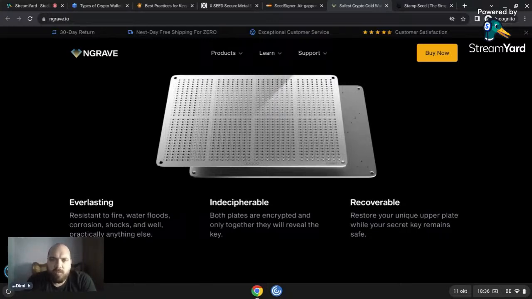For example, you can see the different holes there. This is now an 8-word long seed phrase that is being used. And as you guys can see, there's about 26 holes, A, B, C, D, E, F, G, etc. You can form words with them by punching the holes, meaning that you can store the 2 plaques separately.